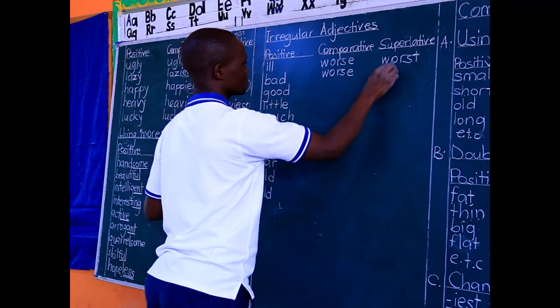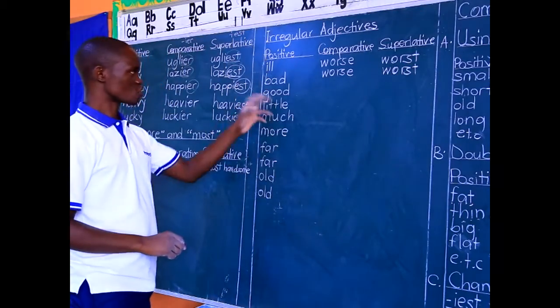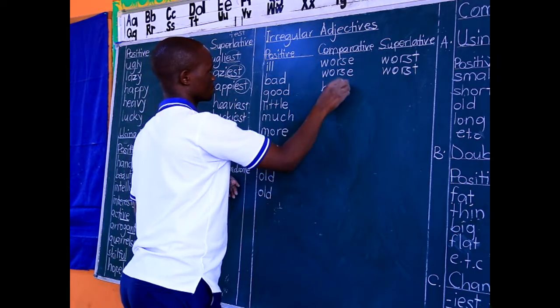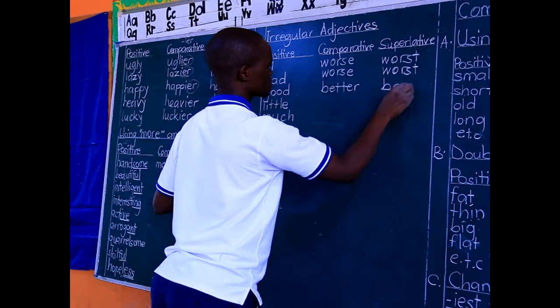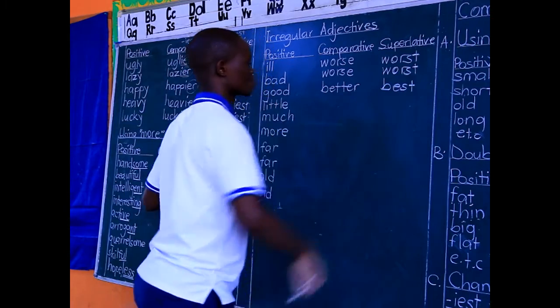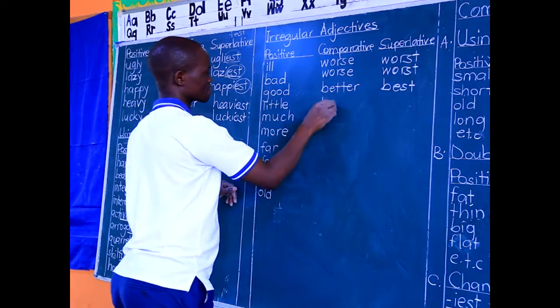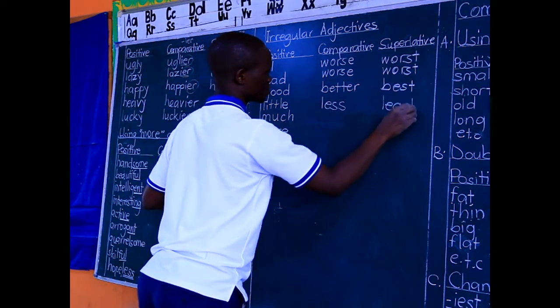The superlative, worst. Good turns to better. Good turns to best. That's it, see? Superlative form. Little, less, comparative, and least, superlative.